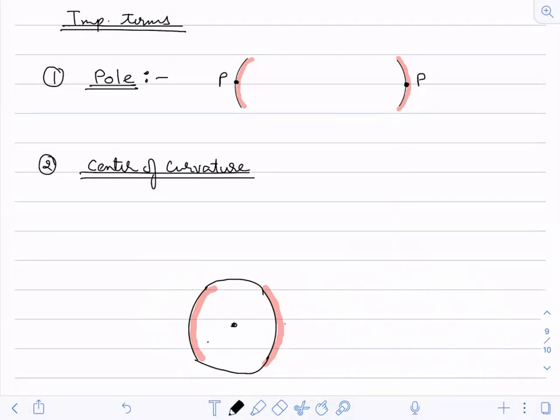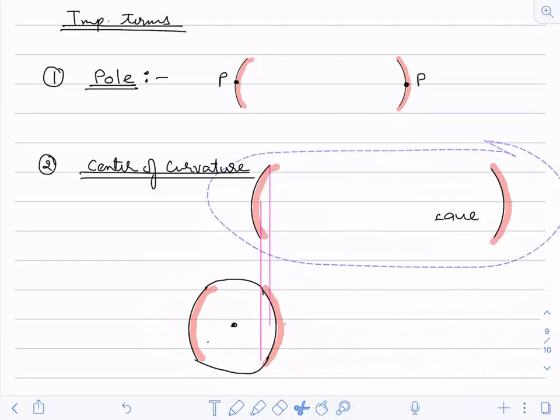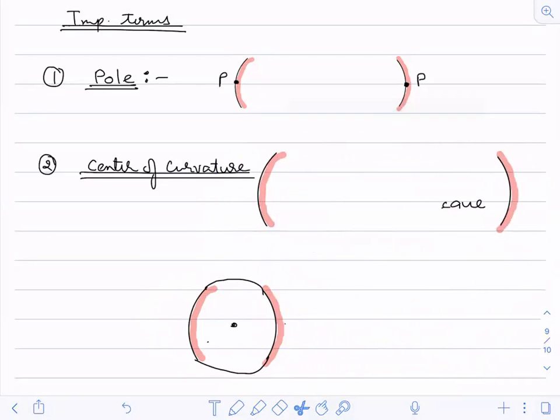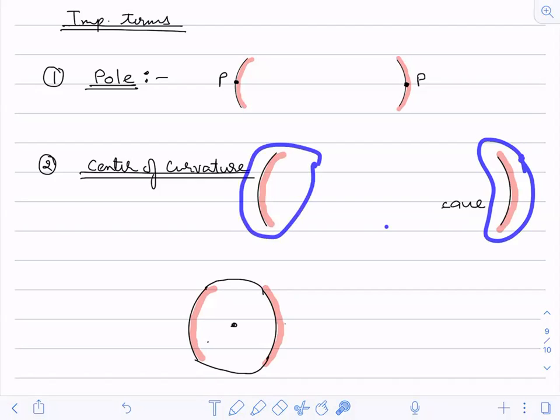If I draw that figure again, this curved line, this curved structure, will have a center of which it is a part. So the center of curvature will be that point, the center of the sphere of which our mirror is a part.